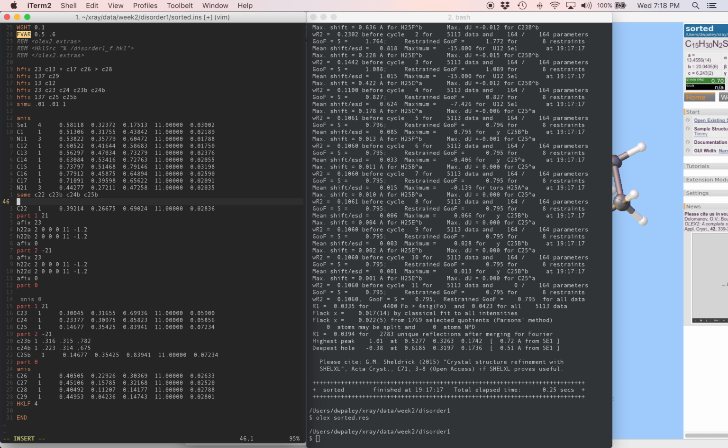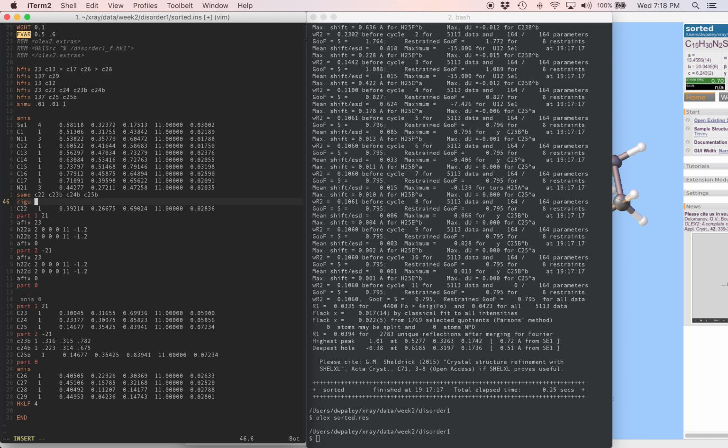You want to keep it reasonable. You want to tell it to stay looking reasonable and not wander off and do whatever it feels like. Remember that the parameters in a disordered part are less controlled by the data, so we need to make them a little more controlled with what we tell the program.